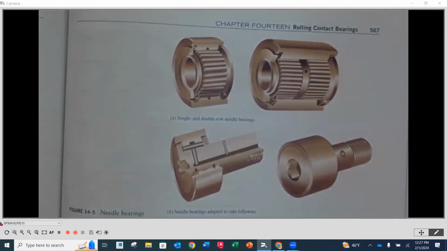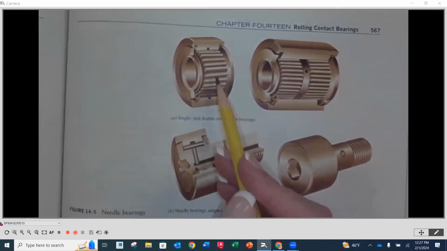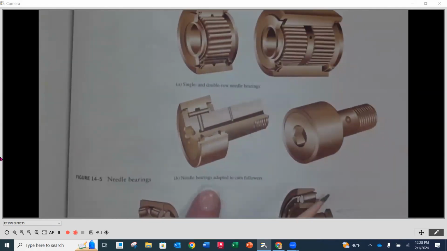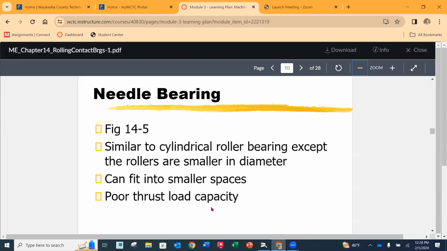But the nature of what you see here is that we get a wider stance again, and alignment becomes really critical in order for these to roll properly. You see them a lot in cam followers, so that's another application. Poor thrust load capabilities again.